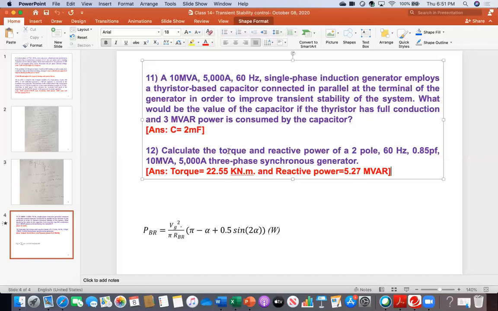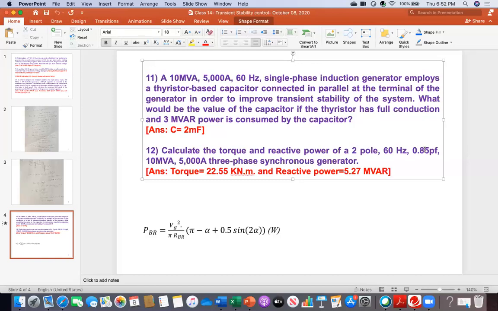So for number 12, to calculate the torque, torque is power over omega, power over speed in radian per second. From this information, find out power. Power factor is given, MVA is given. So multiplication of those two will be your power.